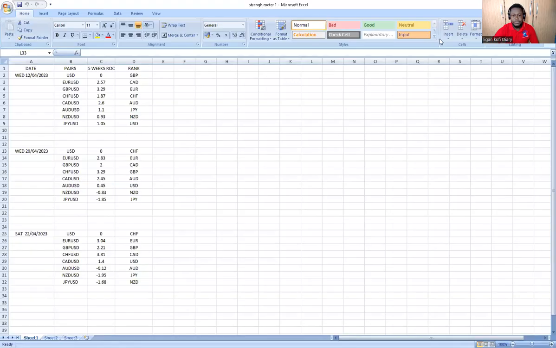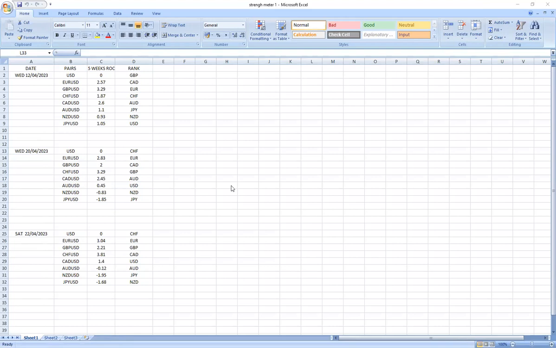Is that okay? Now, it is time for us to look at how to calculate and get our own currency strength meters. So let me take you to the slide and let's begin from there. Now, first of all, you would have to pick one major currency.